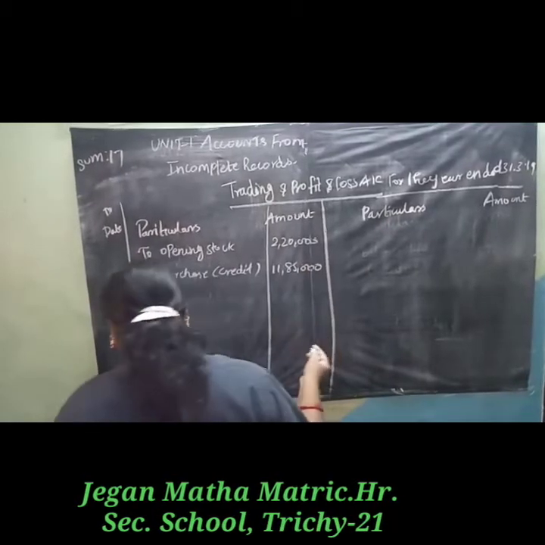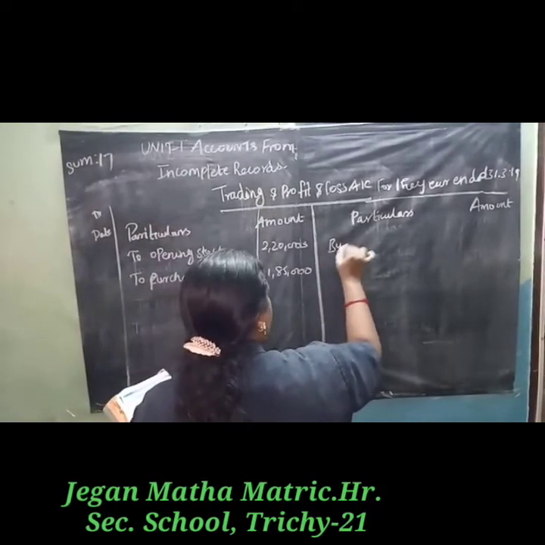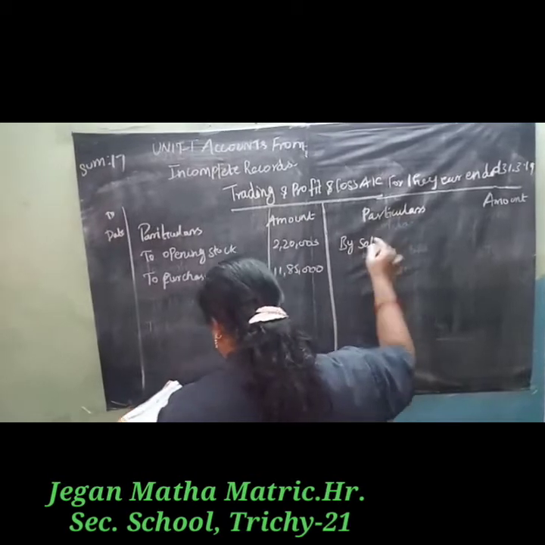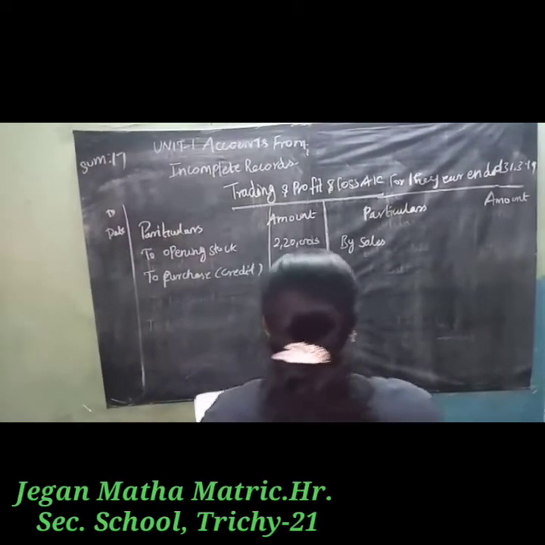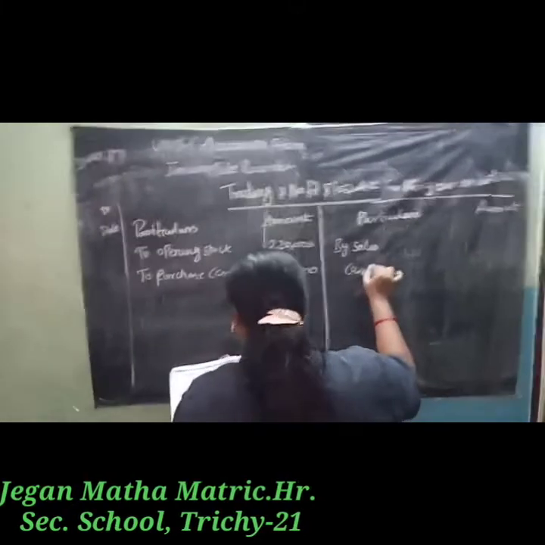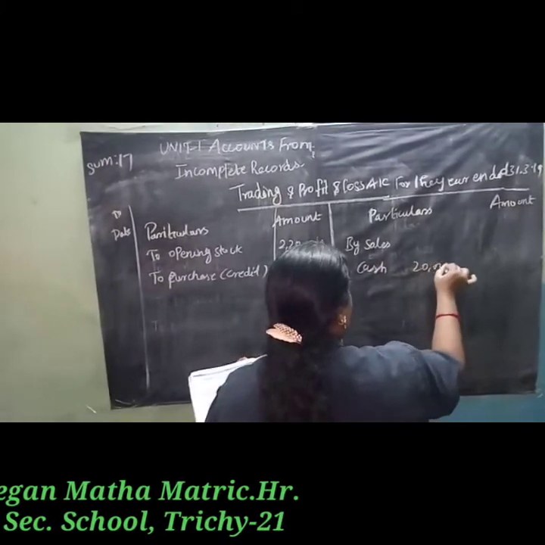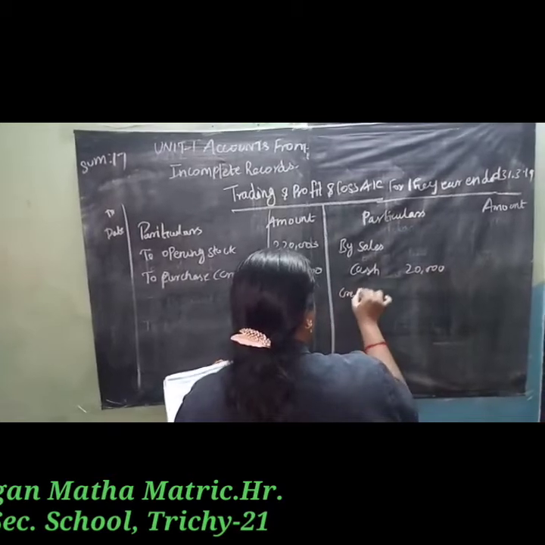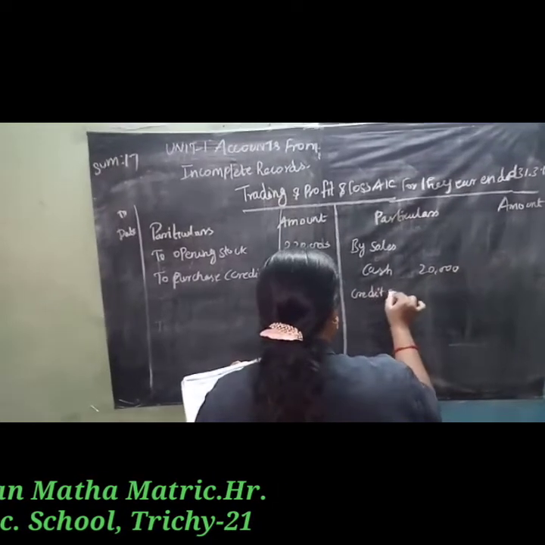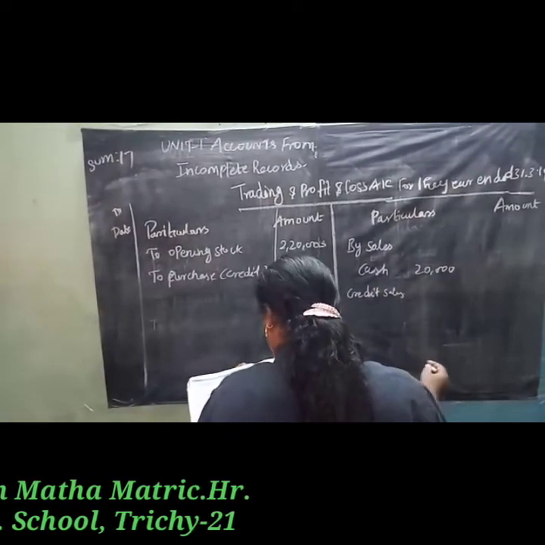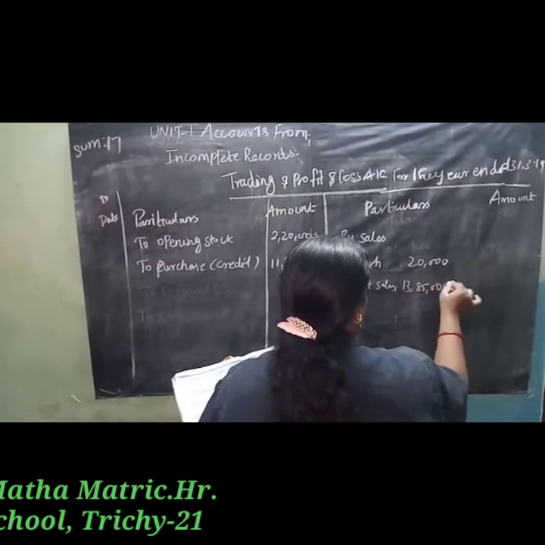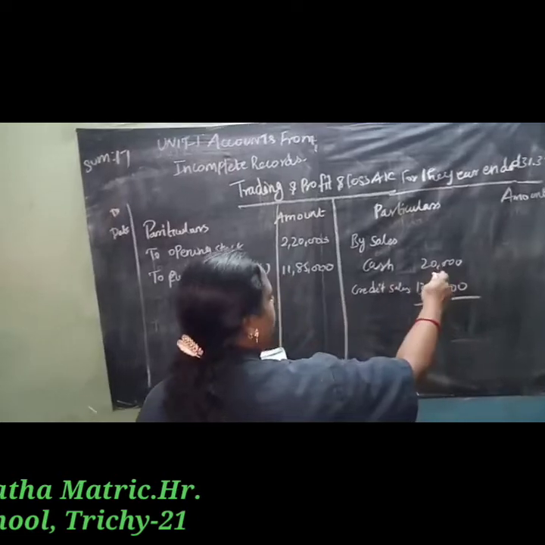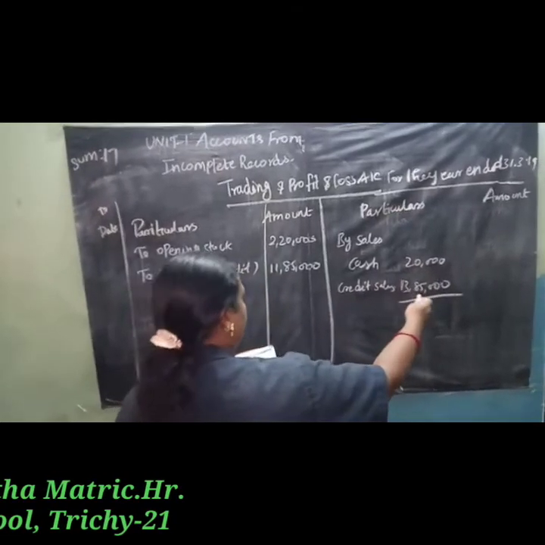Then on the credit side, by sales: cash sales, already given, 20,000, then credit sales we found, 13,85,000.